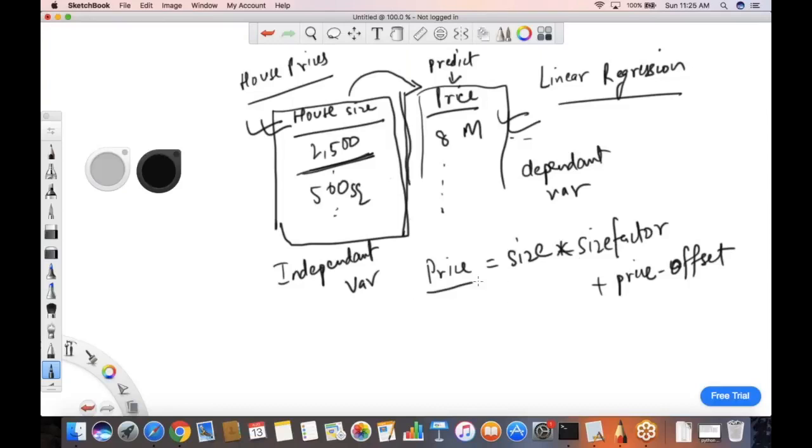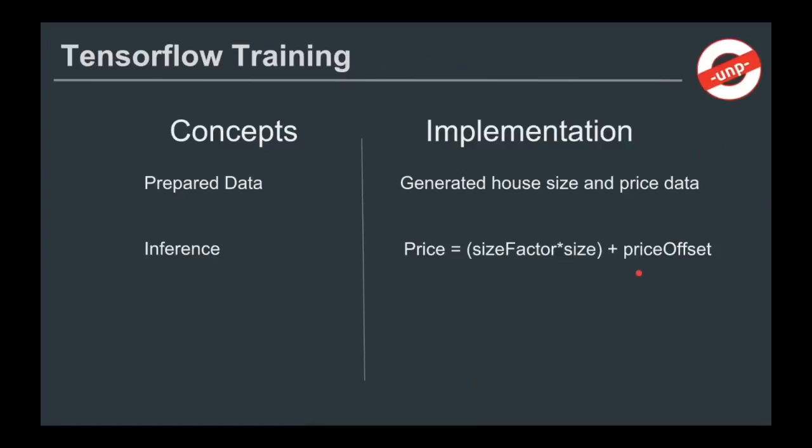So we know what the price is, we know what the size is, we don't know what the size factor and the price offset is. Okay, TensorFlow will help us compute these two. Okay, so we have two missing pieces in this equation. TensorFlow is going to help us find these parameters.